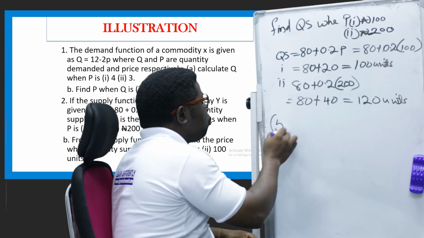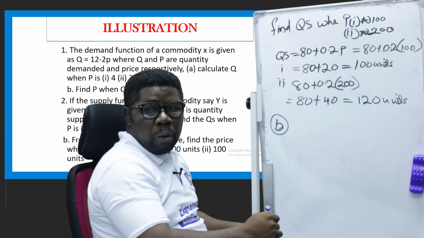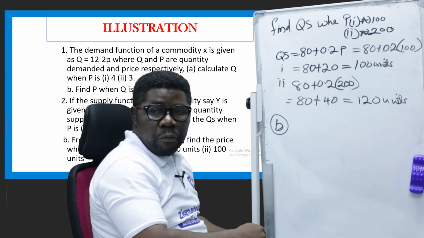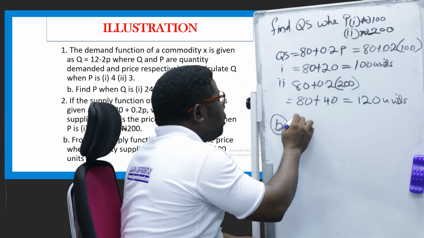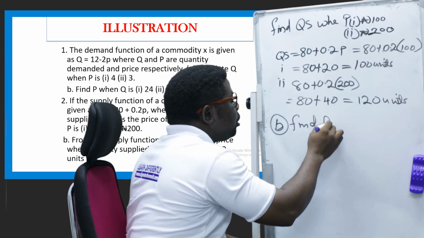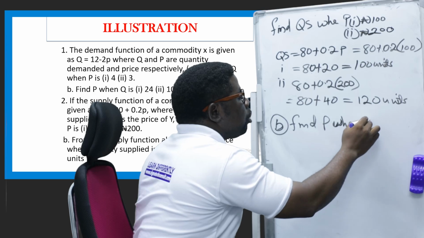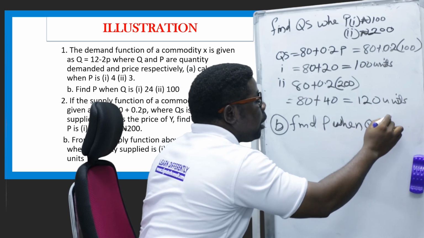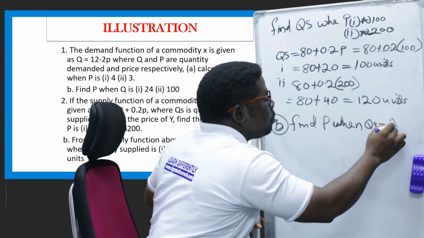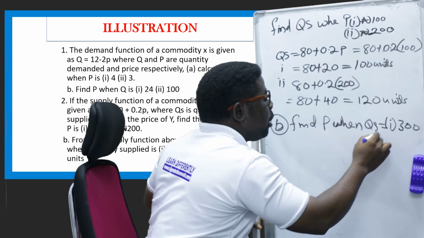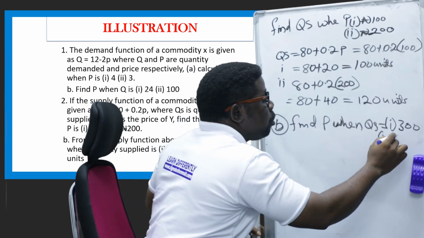Then the B part of number two has to do with calculation for price, okay, when quantities are given. So let's look at it. We'll find P when QS is equals to I, 300, and II, 100 units.